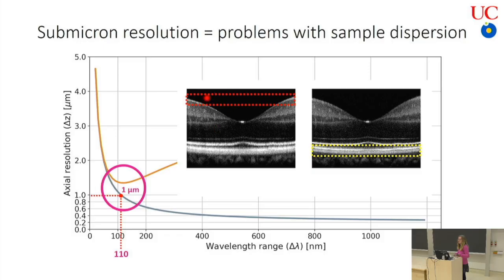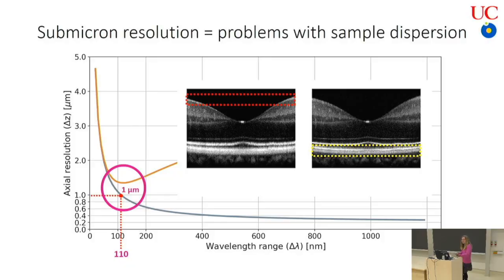Because this object is inherently dispersive, we can either compensate the effects of chromatic dispersion on the most superficial layers, so we are able to get a sharp image of the front of the object, but then we lose information at depth, or we can focus on compensating chromatic dispersion at depth, but then the front is not sharp.